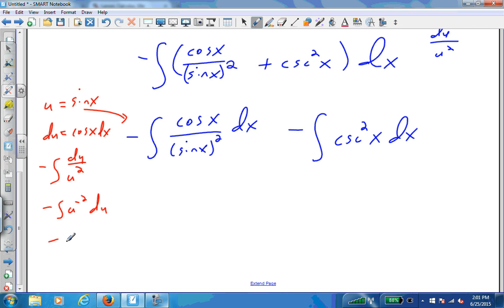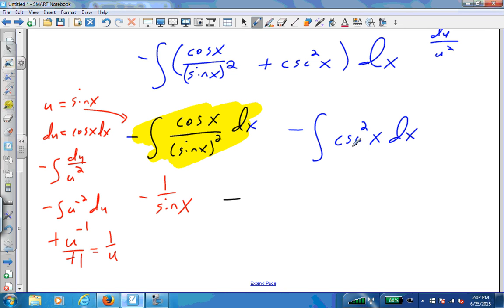U to a power integrates to u to the one greater power over that power. The negatives cancel out, so that's 1 over u. So this integrates into 1 over u, where u is sine. So that takes care of the first one.